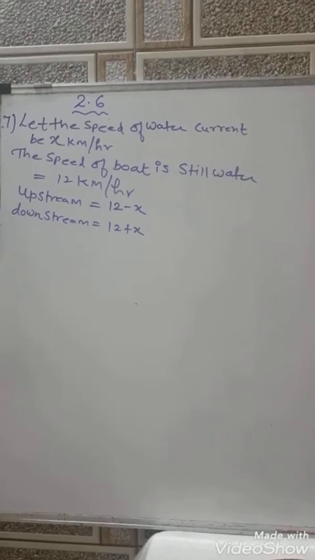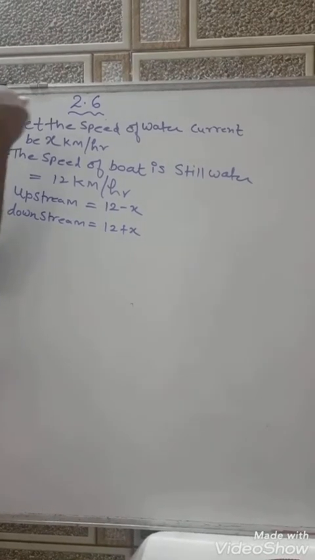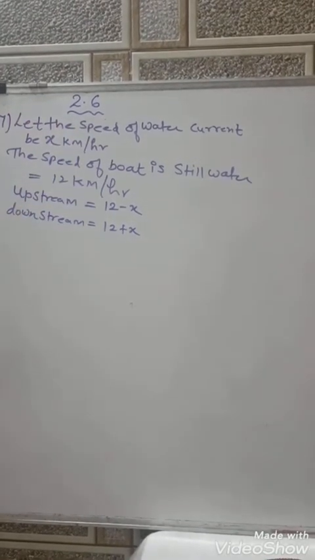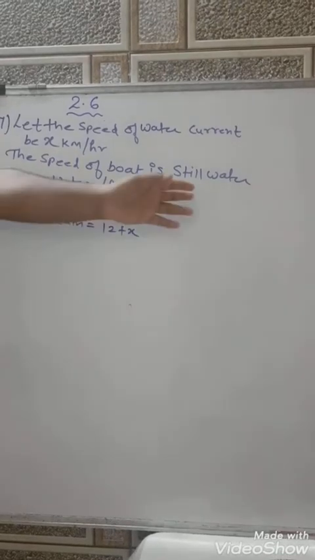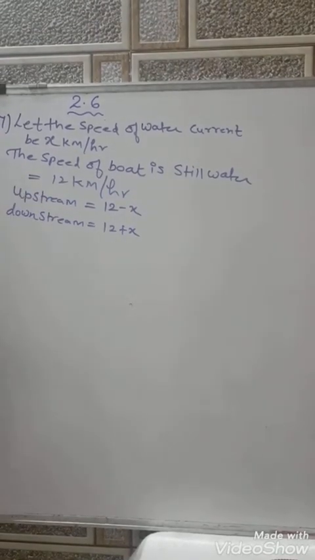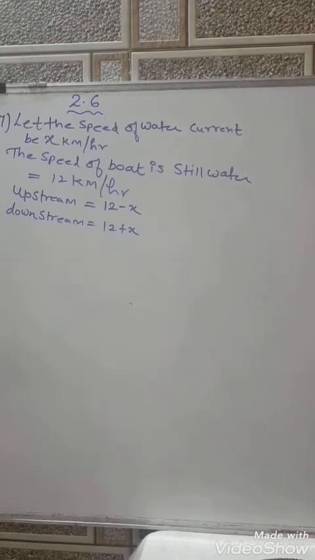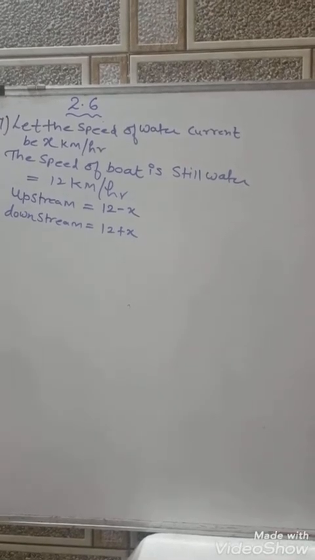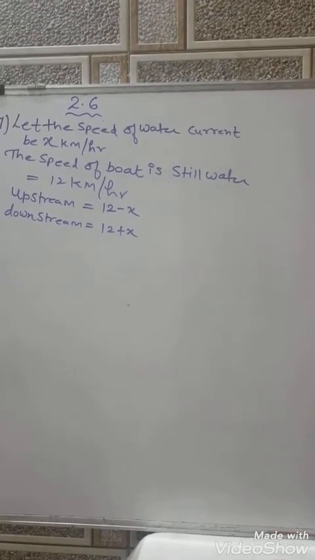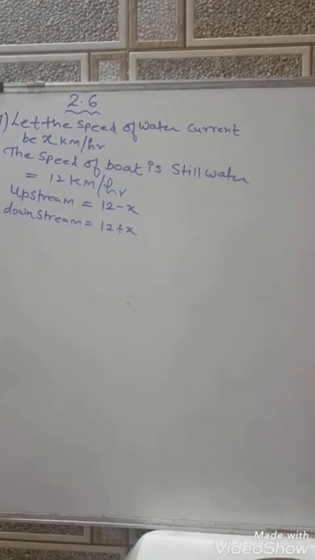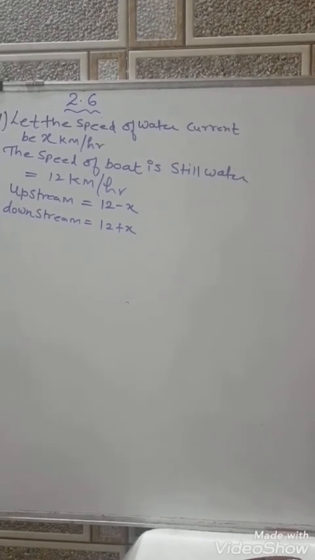Seventh one. Let the speed of the water current be x kilometers per hour, and the speed of the boat in still water is 12 kilometers per hour. Pratik takes 8 hours to go 36 kilometers downstream and return to the same spot.